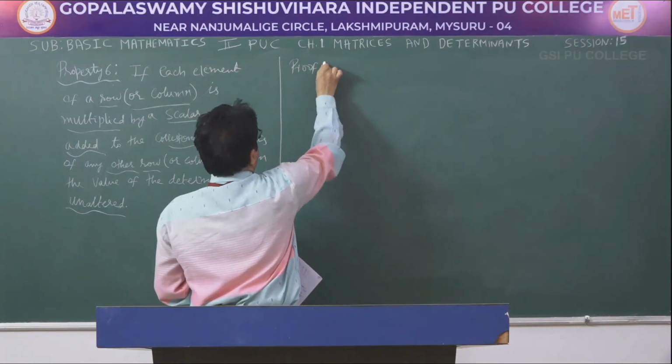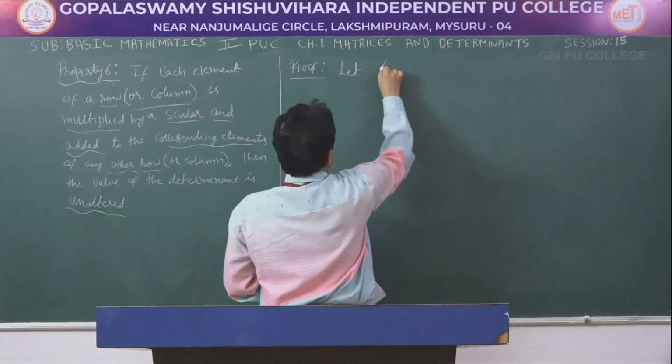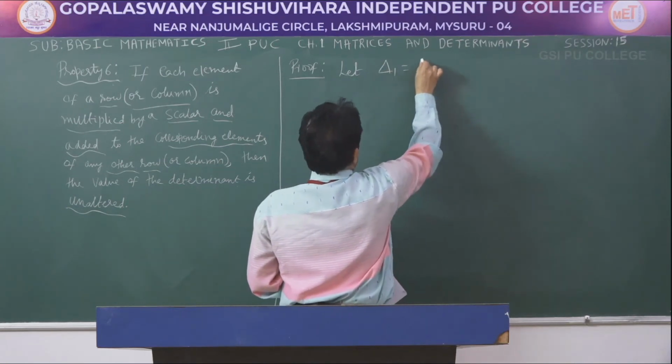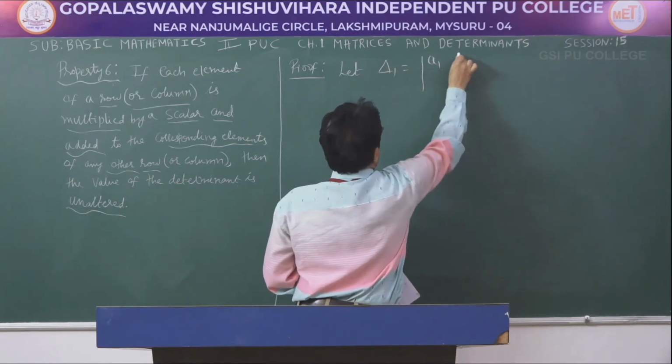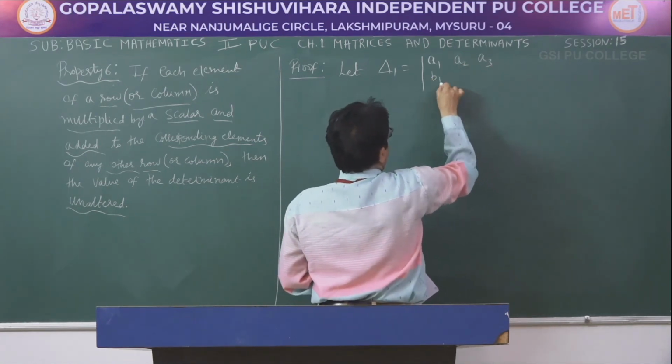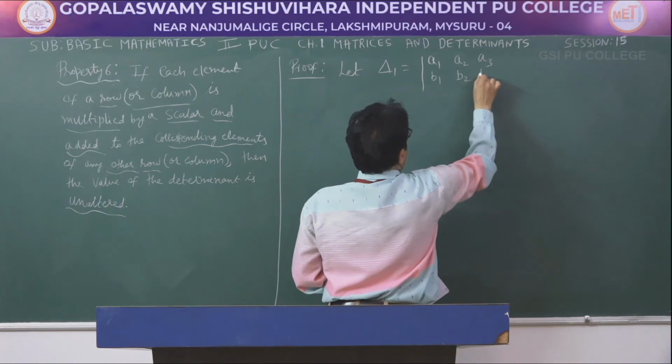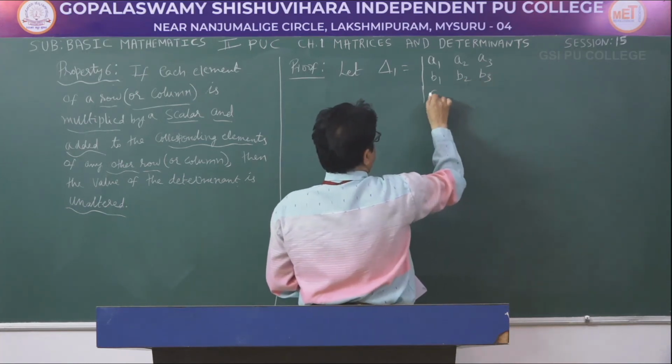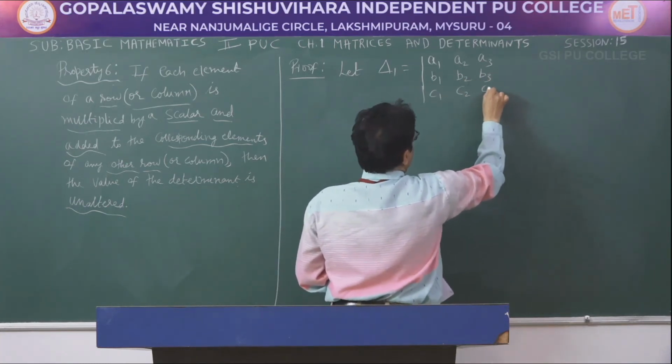Proof. Let delta 1 be equal to the determinant of a1, a2, a3, b1, b2, b3, c1, c2, c3.